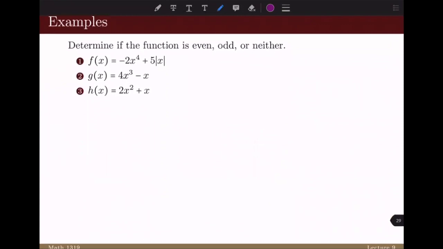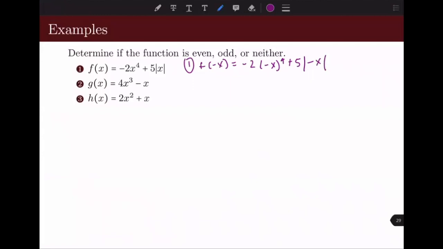Determine if the function is even, odd, or neither. All right, let's just jump in with number 1. So we'll plug in f of negative x first. So that's going to be negative 2 times negative x to the 4th plus 5 times the absolute value of negative x. Okay?